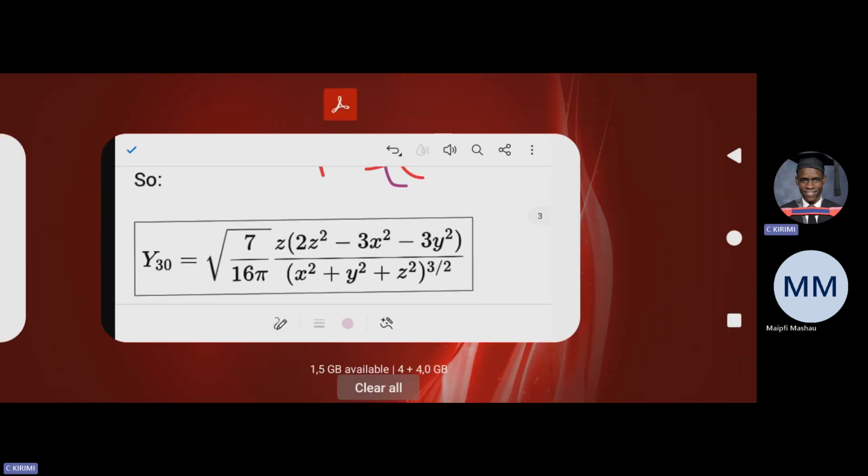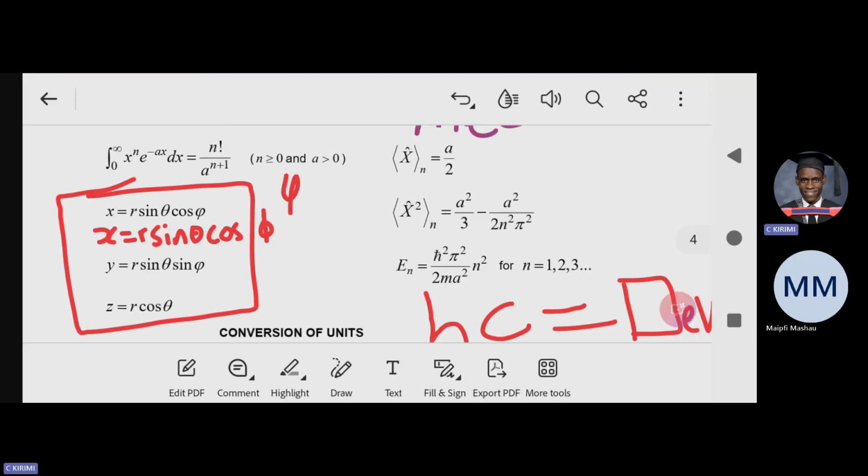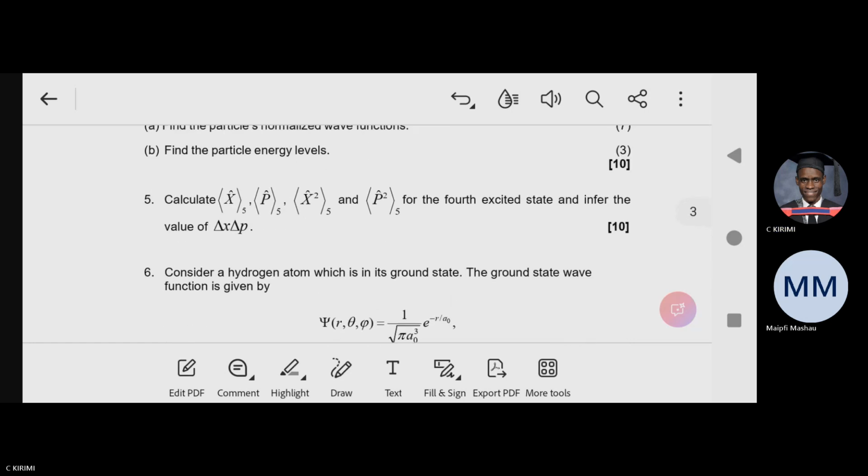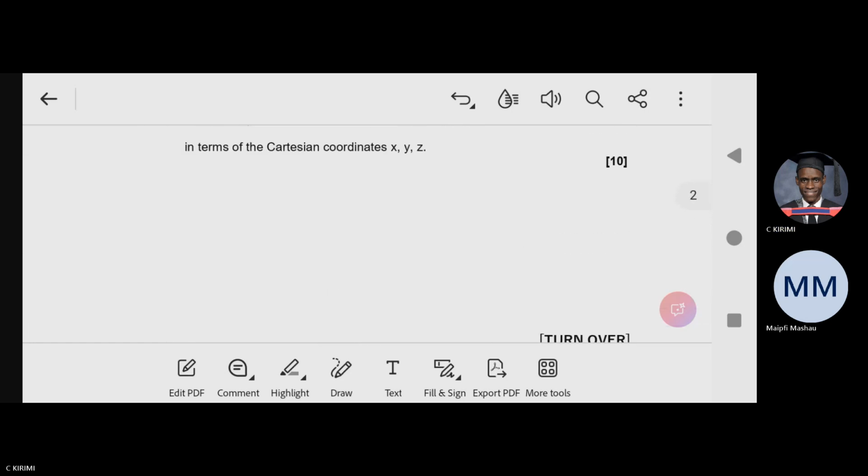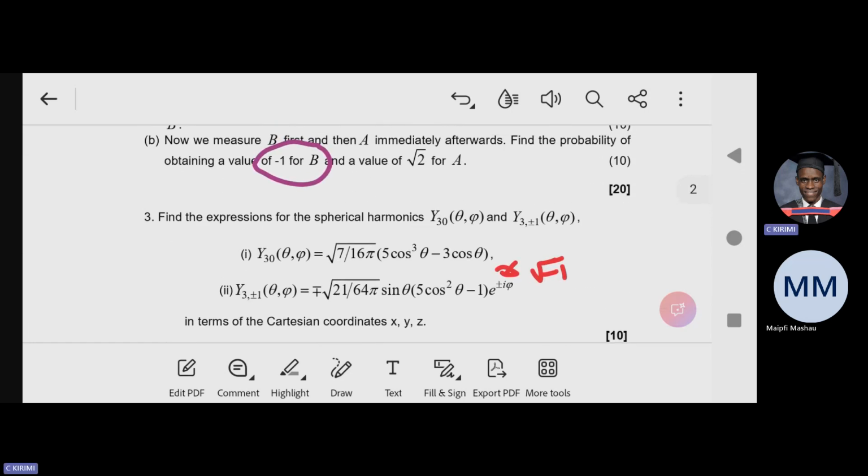So it's ending at Y30 is equal to the square root of 7 over 16 pi, z times the bracket 2z cubed minus 3x squared minus 3y squared. The question itself was asking for the expression of the spherical harmonics Y30, which is a function in terms of theta and phi.